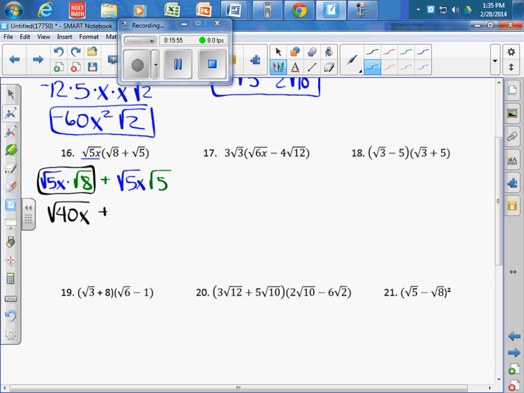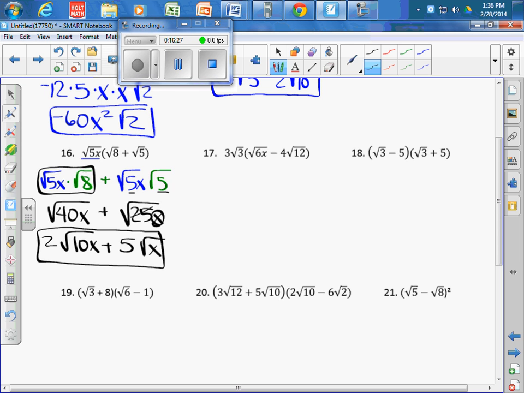Simplify that. 2 on the outside, radical 10x, plus radical 5 times 5, 25x. Square root of 25 is 5. This radical x stays behind. 2 radical 10x plus 5 radical x.